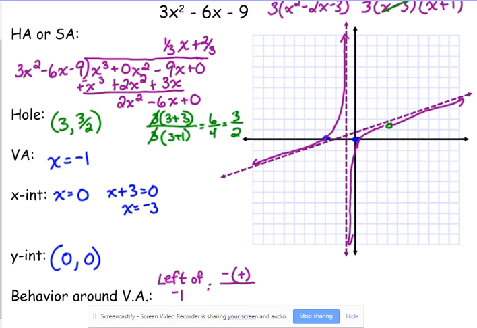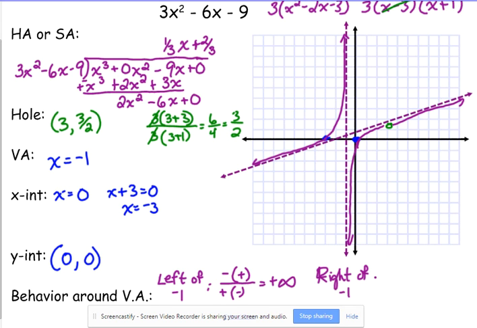Okay, so we've got a negative times positive on the top. On the bottom, 3 is always positive, and -1.5 plus 1 is negative. So negative on top, negative on the bottom, that overall gives us a positive infinity. Well, I already sketched that. To the left, I went up.